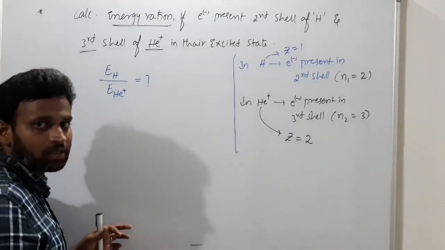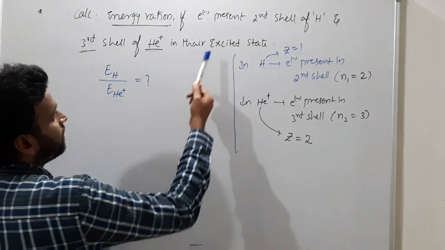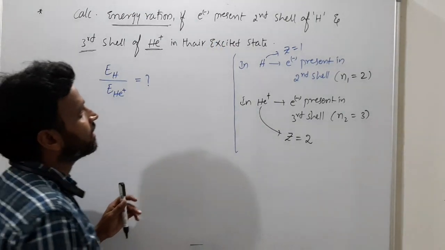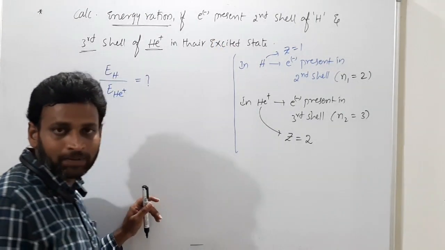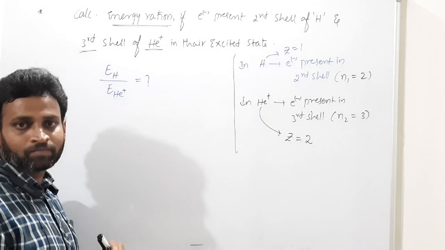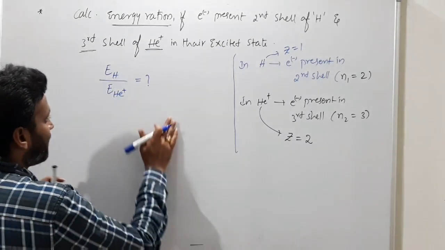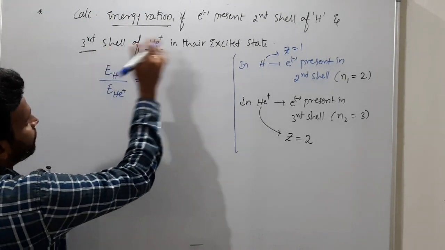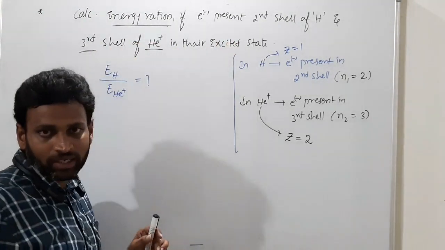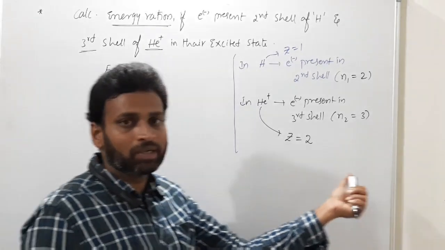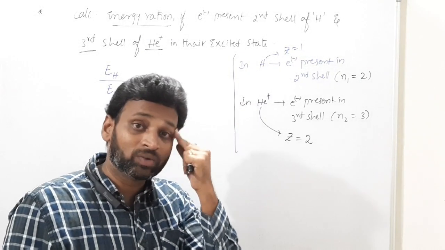How is it possible, sir? Because they are giving an excited state here, so we have to consider different n values. In the previous numerical, for He+ they took n equals 1 only.